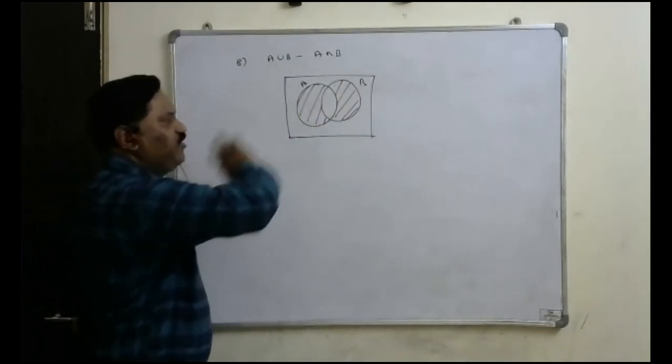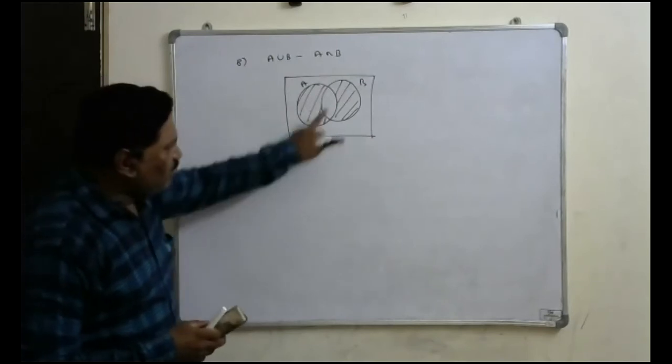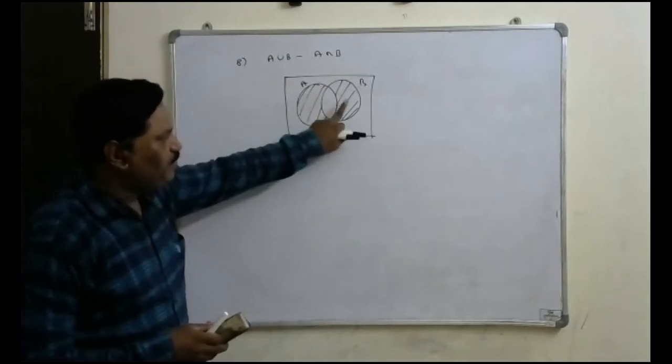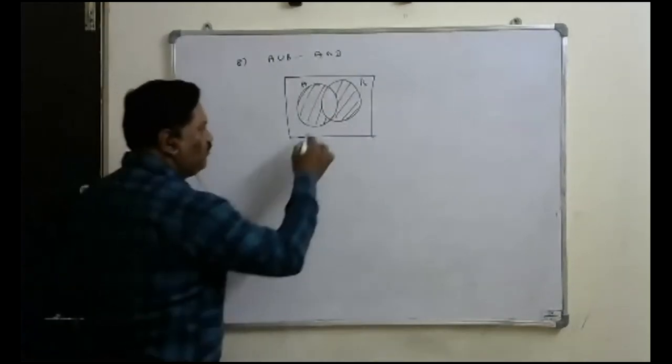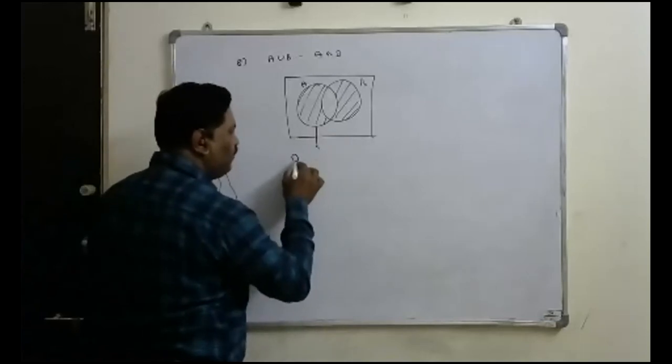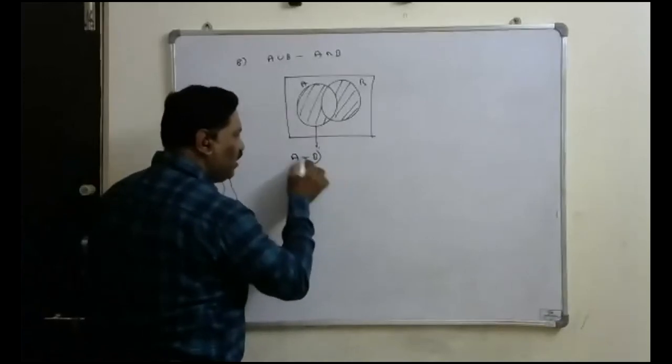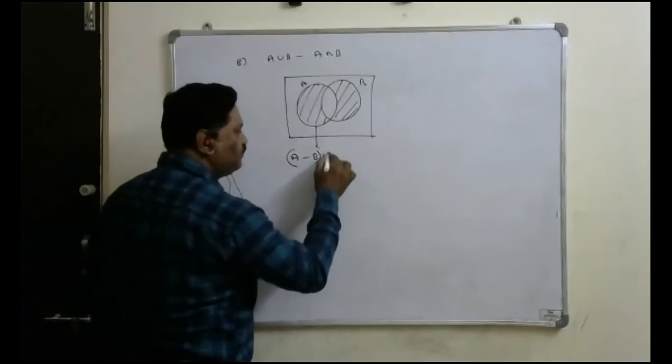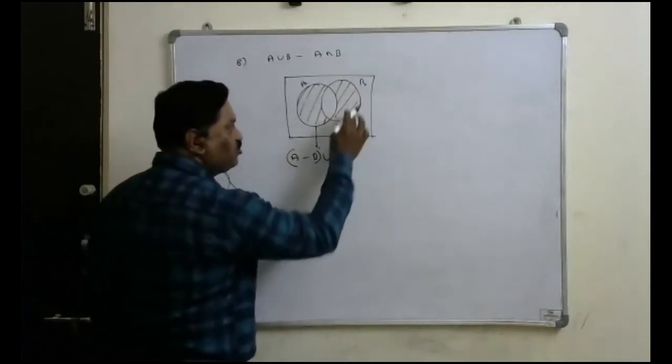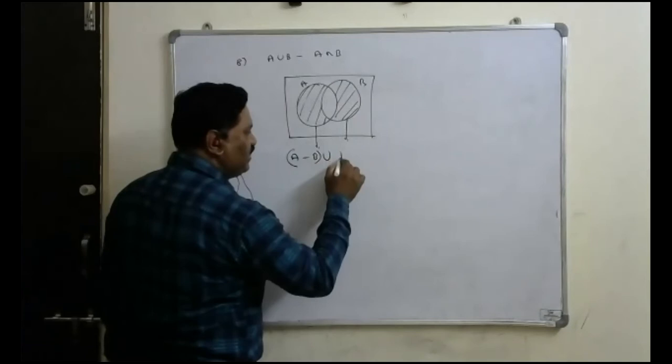This part we can call A minus B, the area available in A only. And this hashed area represents B minus A.